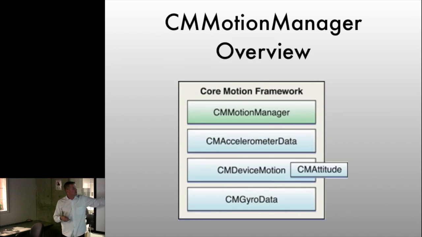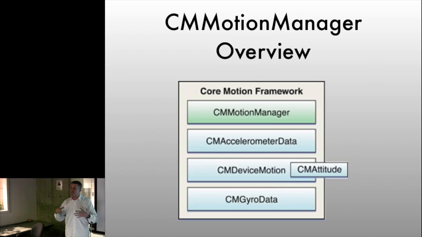Here's what the framework looks like overall. At the very lowest level, you've got the raw device specific data, like the gyro data. Then above that, you've got the device motion, which starts to fuse some of the sensor data together.